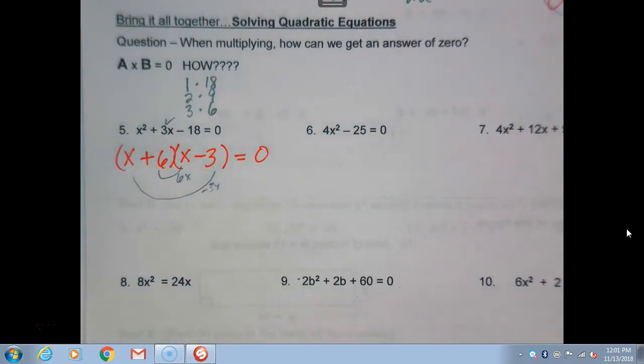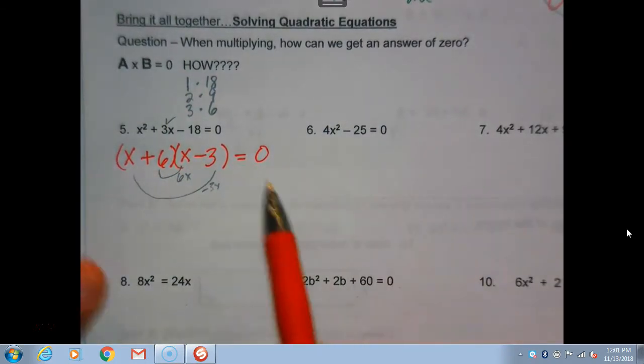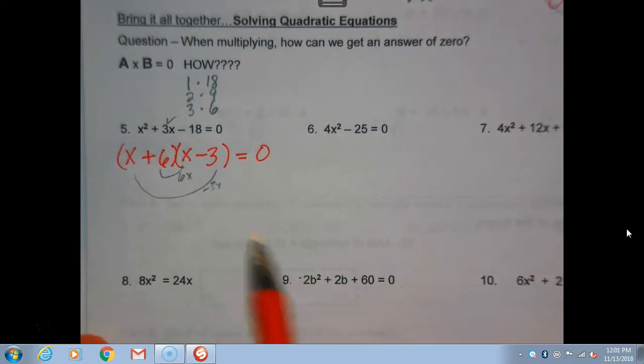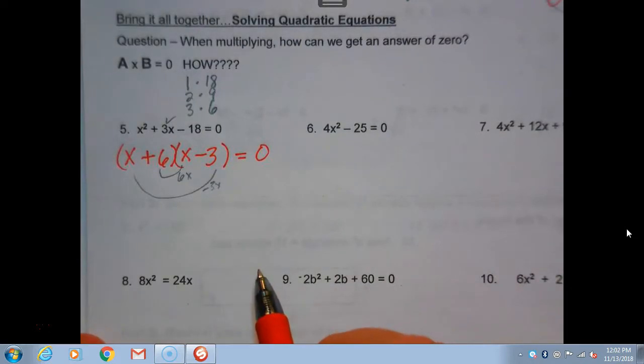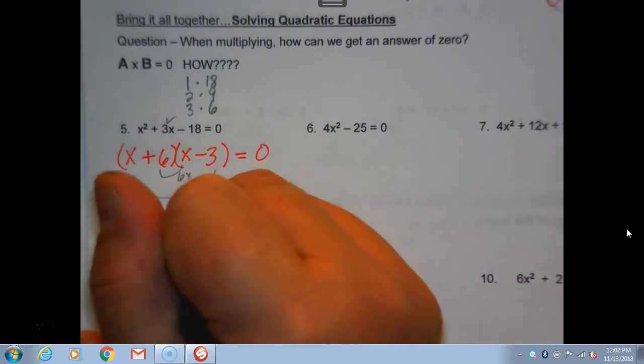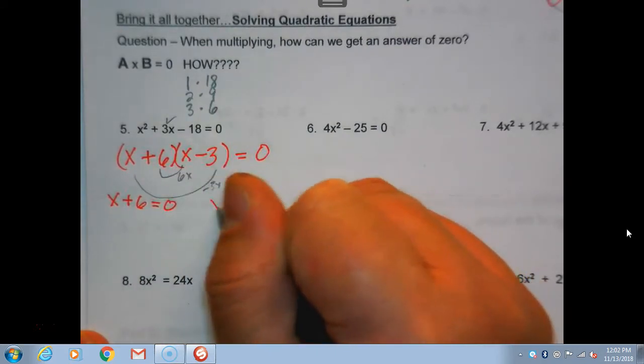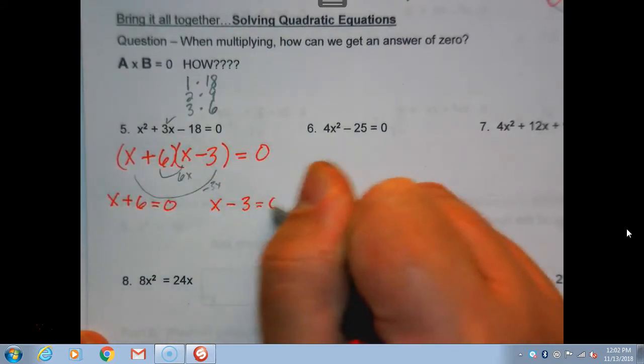Okay, now that equals 0 means something. I have to set each one of these factors equal to 0. Okay, x plus 6 equals 0, and x minus 3 equals 0.